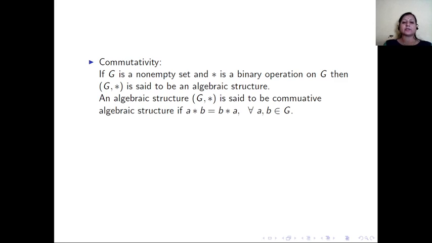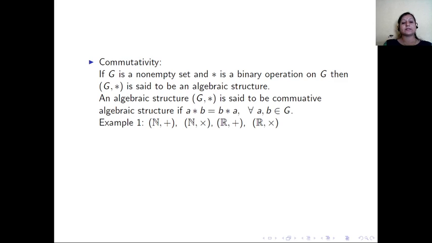An algebraic structure G, star is said to be commutative algebraic structure if a star b is equal to b star a for any elements a, b belongs to G.